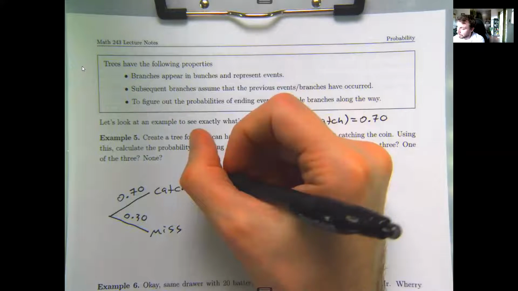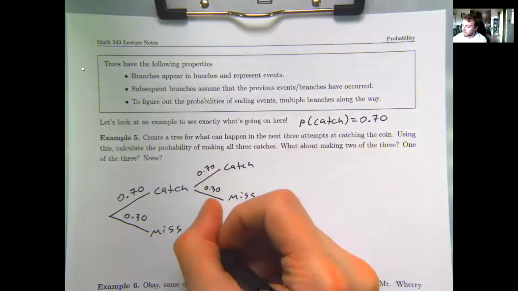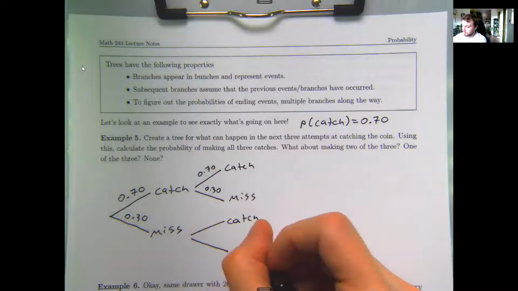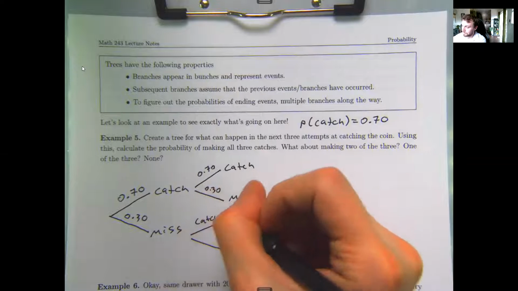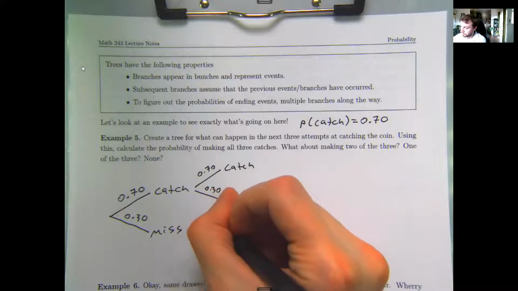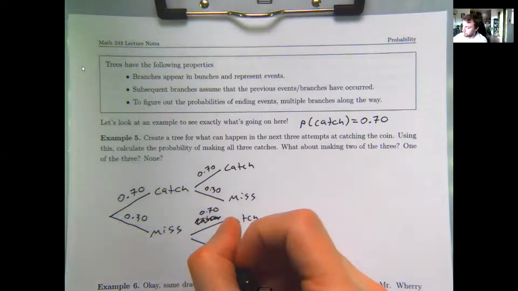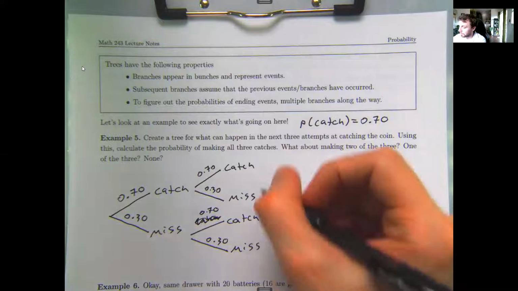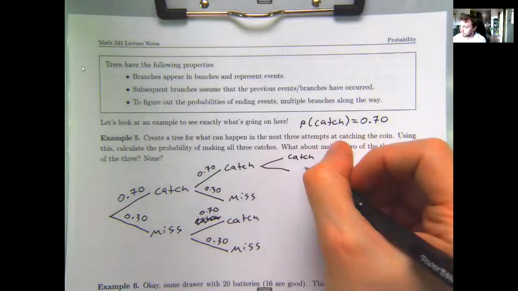And I'm writing the probabilities on the branches as I go to help me keep track of what can happen. So this catch, writing that probability, 70%, miss, 30%.